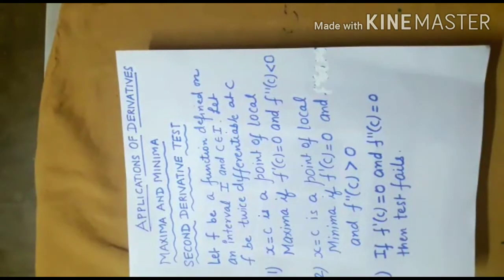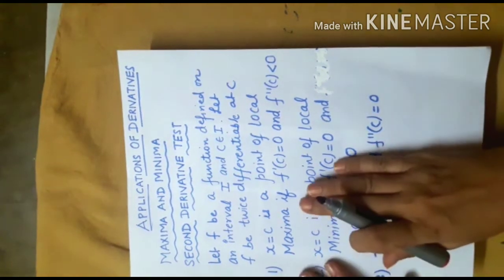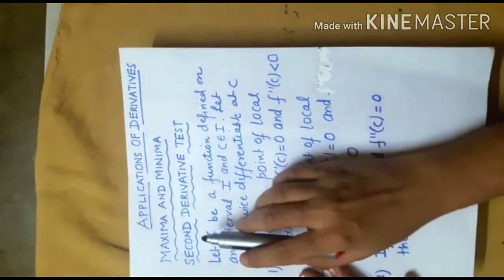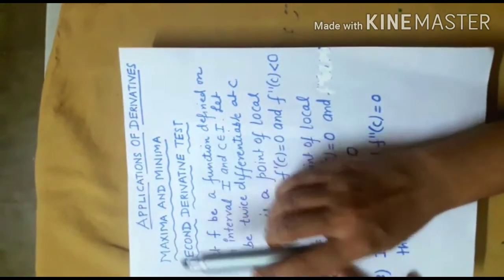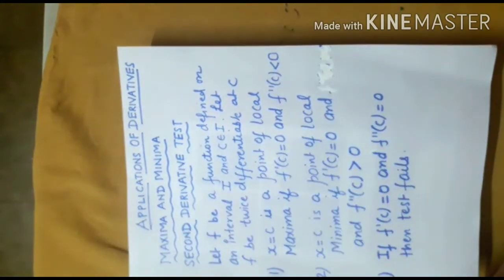In the last class, we discussed the first derivative test for finding out the points of local maxima or local minima of a function. Now today we will discuss the second derivative test to find out the points of local maxima and local minima.